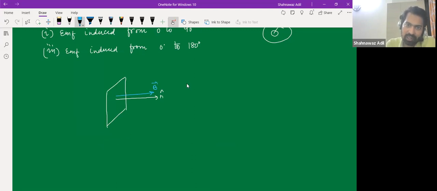Right? So in the first case, what is the flux? Let's say the initial flux. That is B dot A, which is B A cos of what degree? 0 degrees. So this is B A, right? Now at 90 degrees, what is my B dot A?